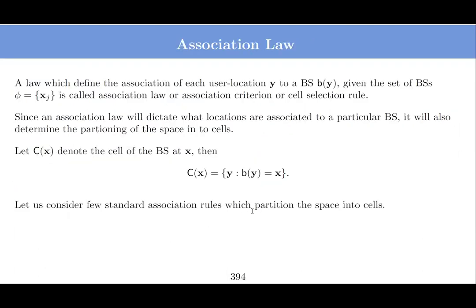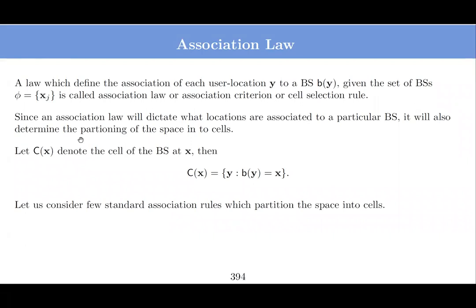A law which determines that is known as the association law. It is a law which defines the association of each user location y to a base station B_y, so B_y is the base station of the user at y, given the set of base stations phi. It is known as the association law, the association criteria, or a selection rule.